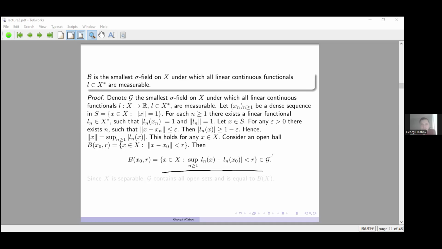So it belongs to the sigma field G. And the last thing is that since we assume that the space X is separable, any open set is a countable union of open balls. This means that the smallest sigma field on X under which all linear continuous functionals are measurable coincides with the Borel sigma field.